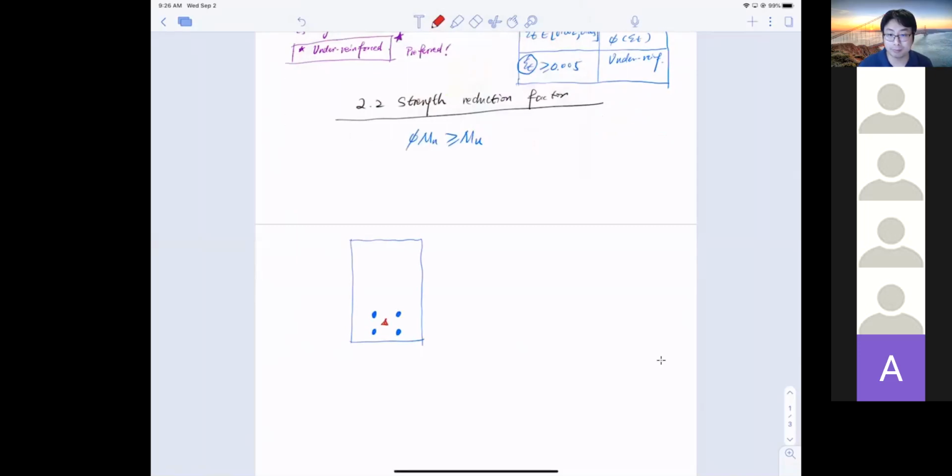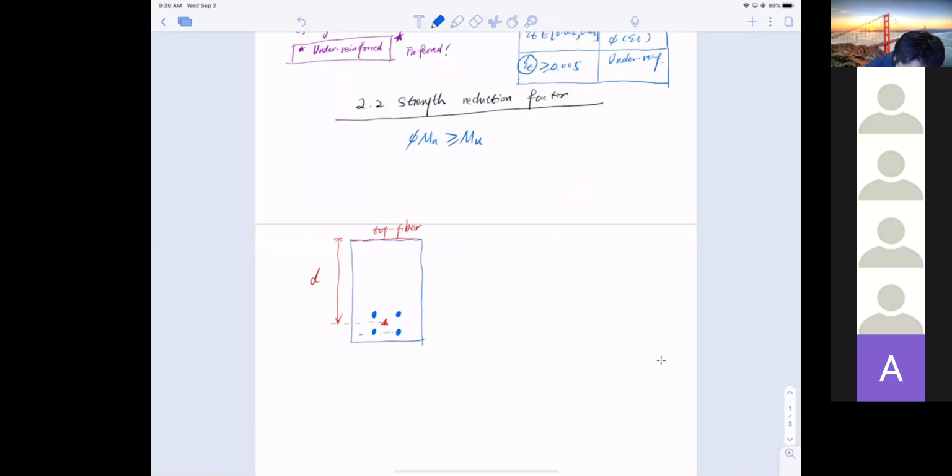By definition, the distance between the top fiber and the center of the group of the bars we call d. If it's one row, then we just have d equal to the last bar.